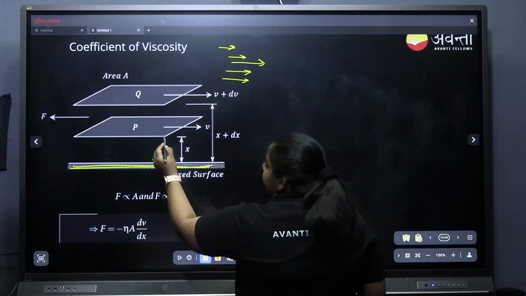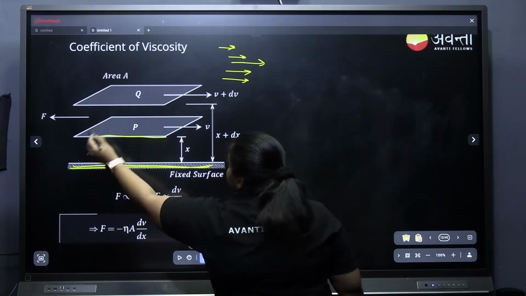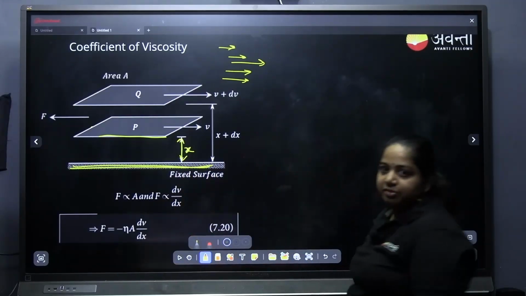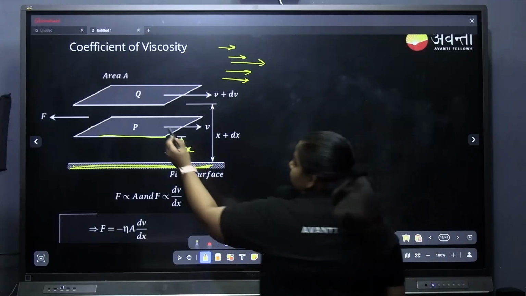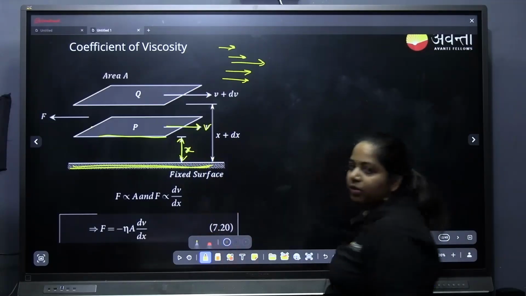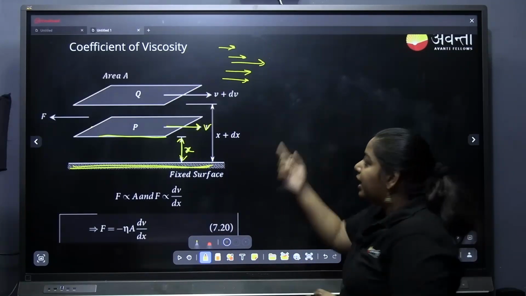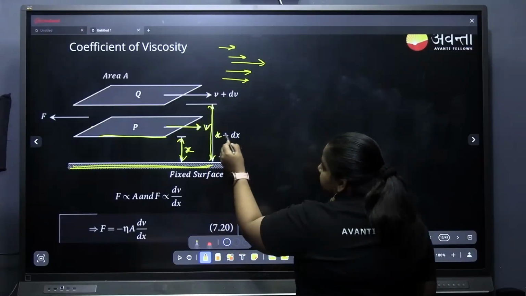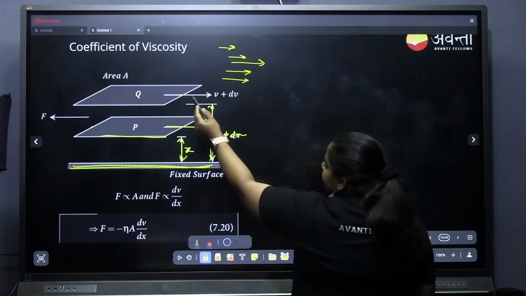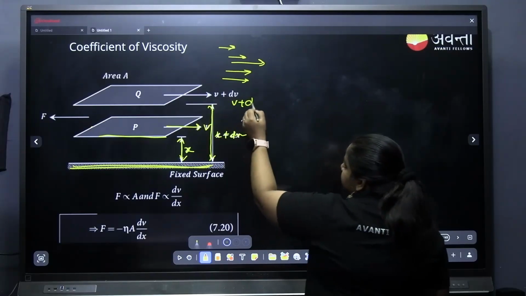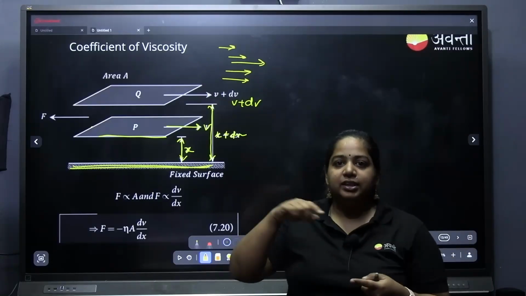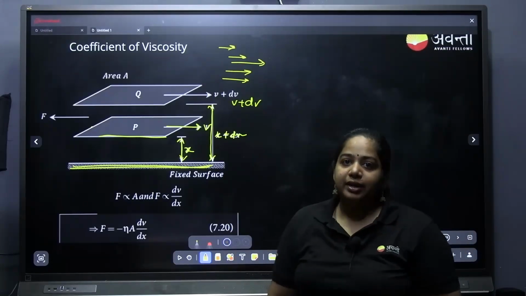So there is a layer of fluid here at x distance from the fixed surface, and it has velocity v, and there is another layer at x plus dx distance, and its velocity is v plus dv. So when we moved dx distance, velocity increased by dv.